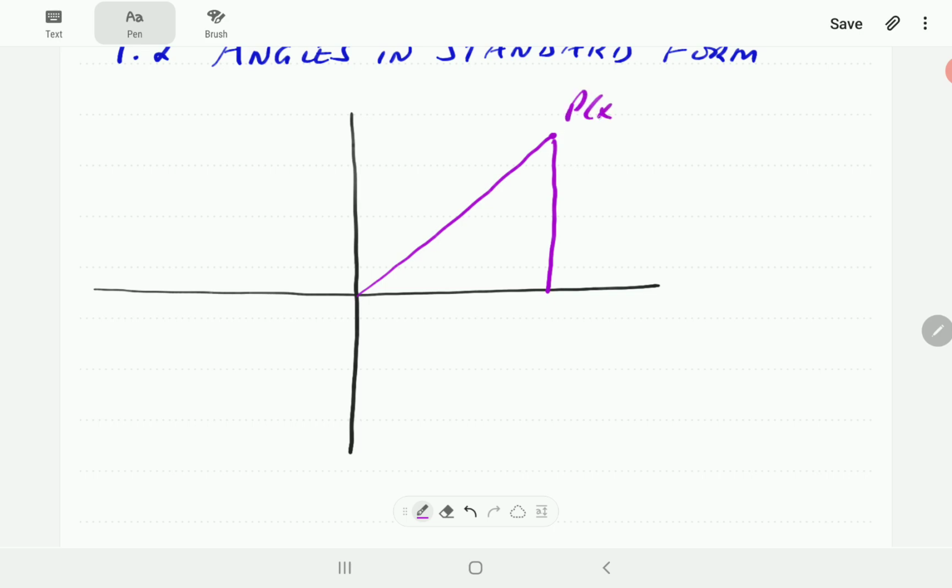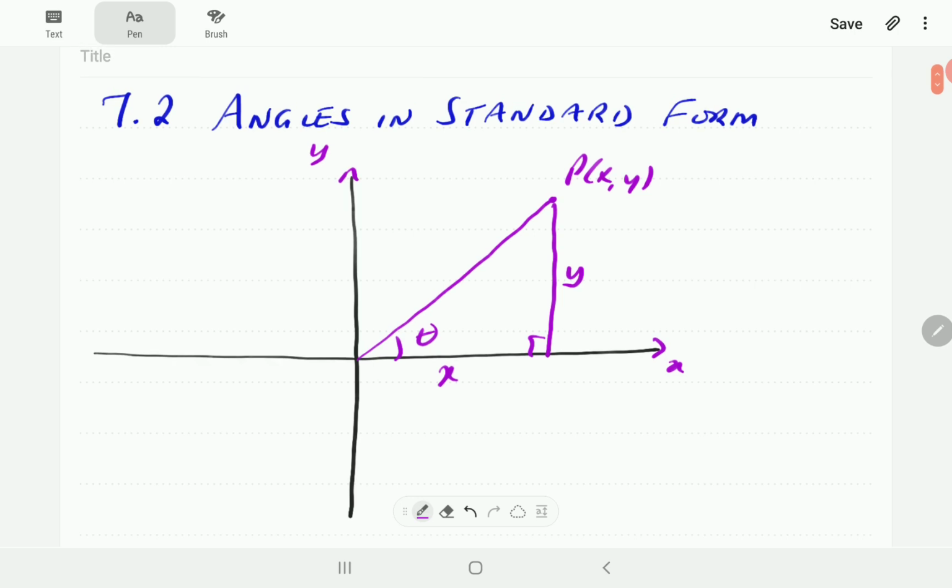If this point on the terminal side has coordinates (x, y), then this side is going to be x and this side is going to be equal to y, and our angle theta will be there. That means an angle can be in the first quadrant if it's acute, or it can be in the second, third, or fourth quadrant.